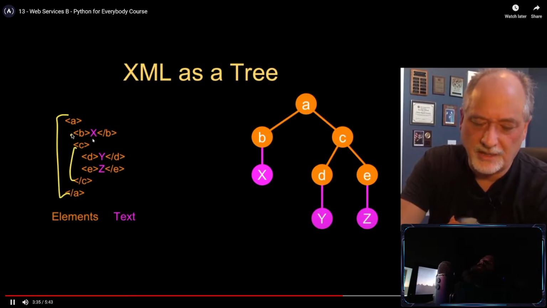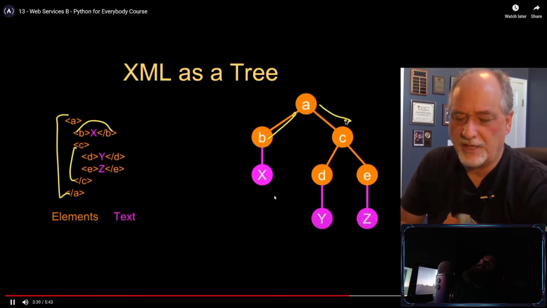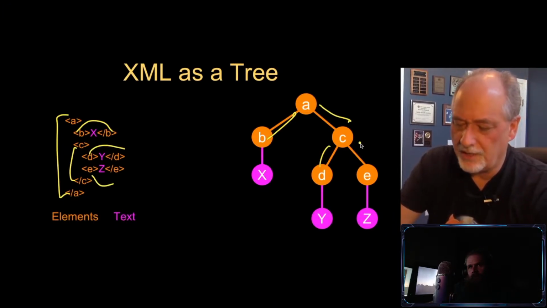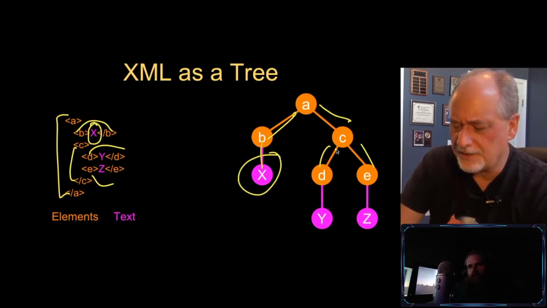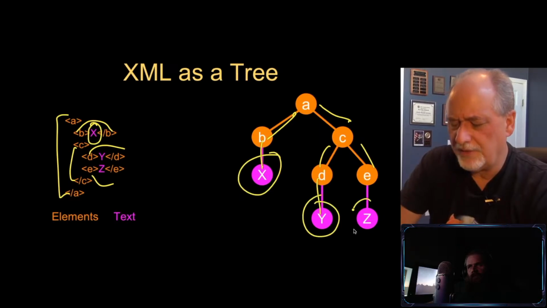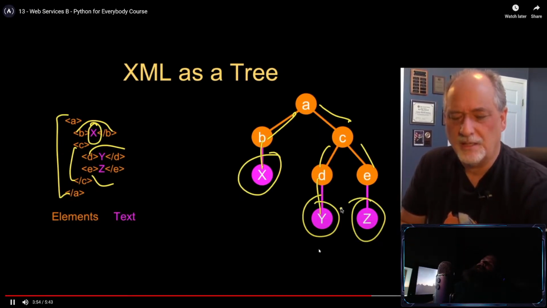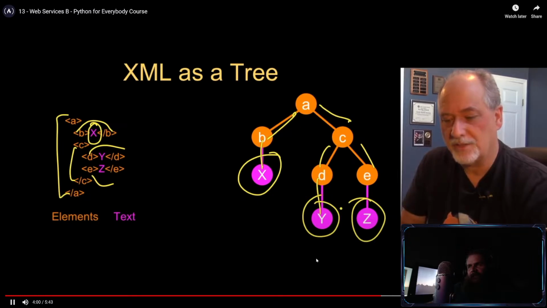So the C tag and the B tag are two children. So the B tag is a child of A, and then C has a D and an E tag that are children there, and then the textual data we model as a child of each of those tags, and you'll see in a bit why it's best to do that. So that is the way to think about this as a tree, to represent that XML as a tree.